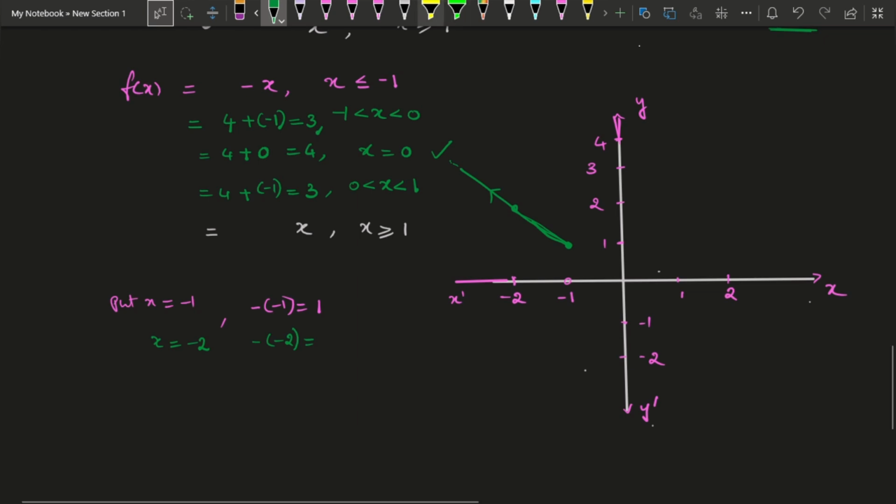Similarly, between minus 1 and 0, it is 3. It's a constant function. At x equal to 0, it is defined as 4, this point.